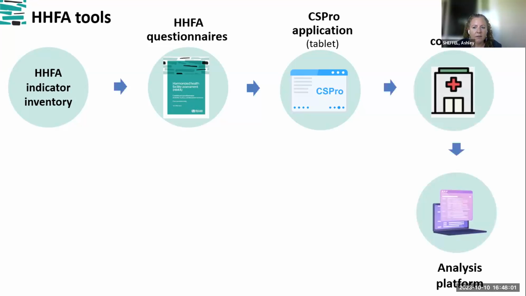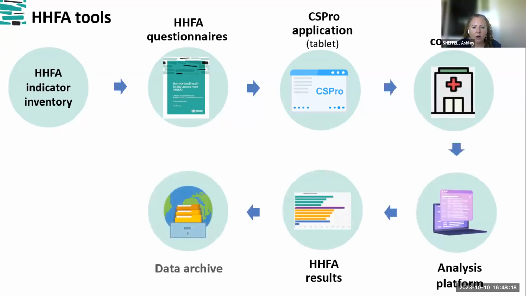After we collect the data, it's exported from CS Pro and uploaded into the HHFA analysis platform, which calculates the standard HHFA indicators and displays them in tables, graphs, maps, etc. And this generally forms the basis of our country report. And then finally, we have our data archive, which is available for countries to make their final reports and/or data sets available if they would like to.